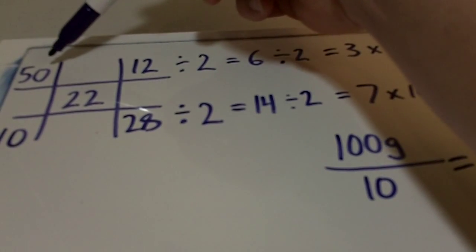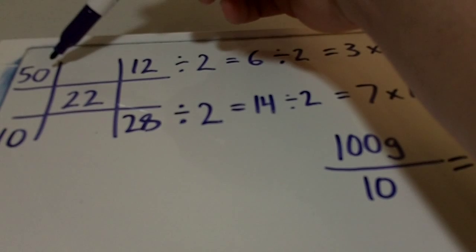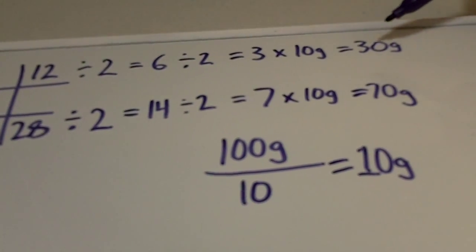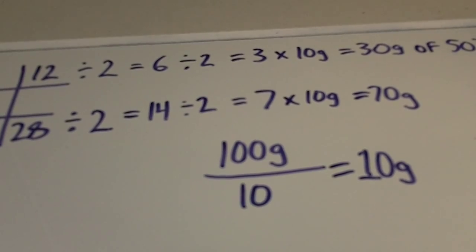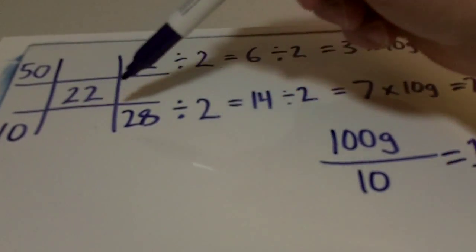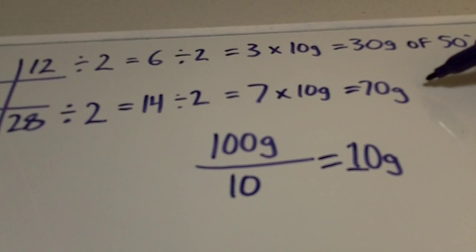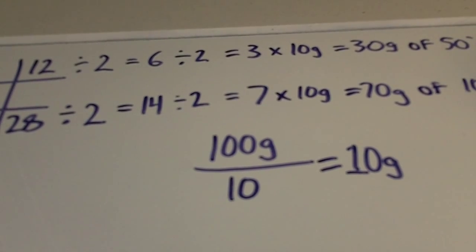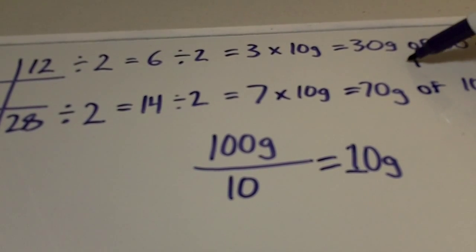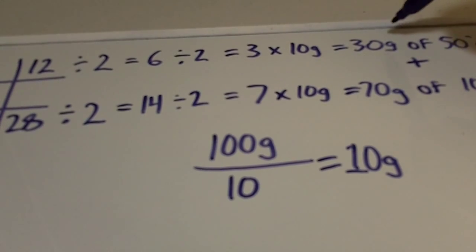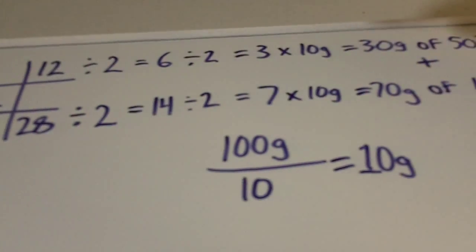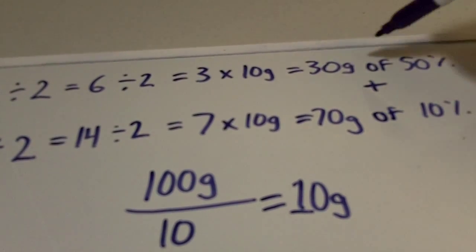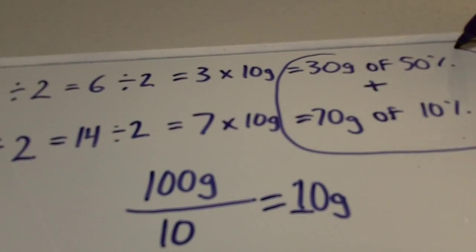Of the 50% strength solution, I need 30 grams, and of the 10%, I need 70 grams. Putting those together would give me 100 grams of a 22% strength. So that right there is our answer.